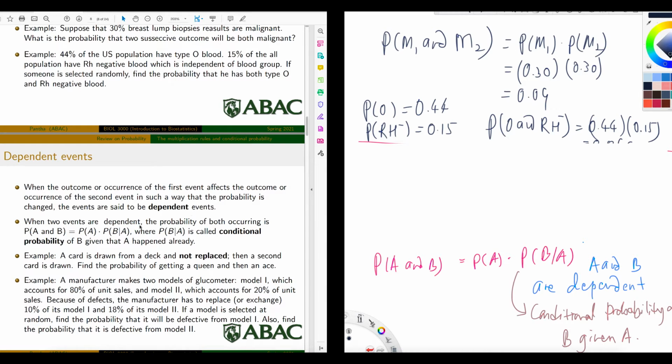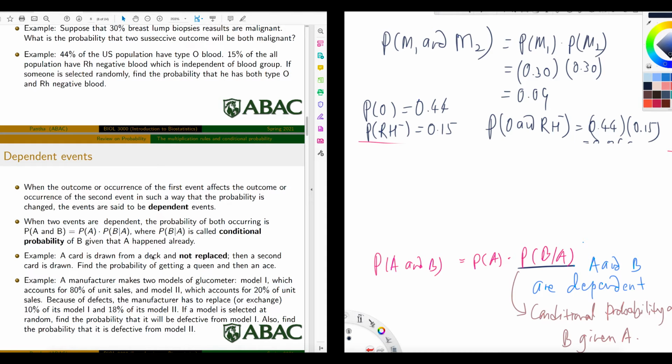When two events are dependent, then the probability of both occurring, A and B, is given by this formula: P(A) times the probability of B given that A already happened. That's how we read it. P(B|A), where the slash means "given that A already happened", is called the conditional probability of B given that A happened already.